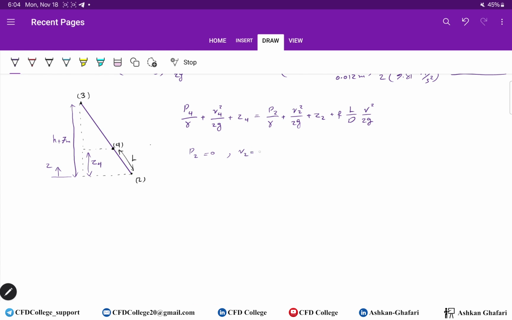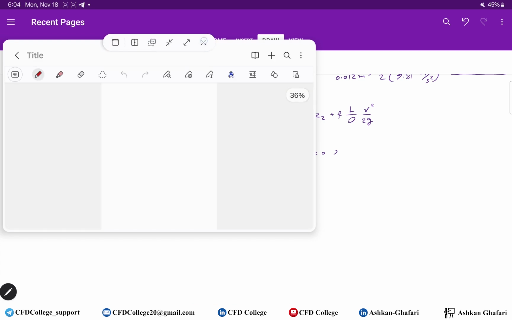V2 equals V4 equals V. So this term is 0, and these terms are cancelled. Z2 is 0, Z4 is L. Oh, no, it's not L, sorry. 0, Z4.